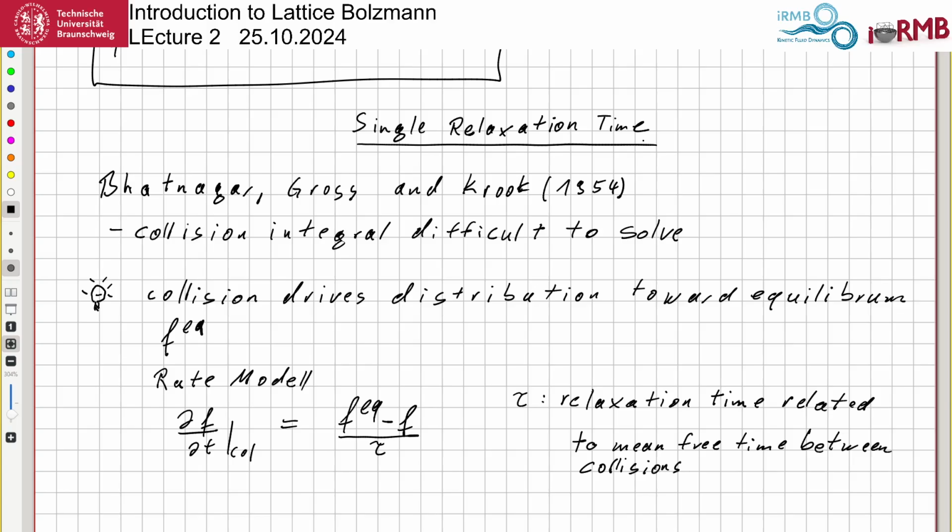The relationship is so simple that we usually say this is the mean free time between collisions.